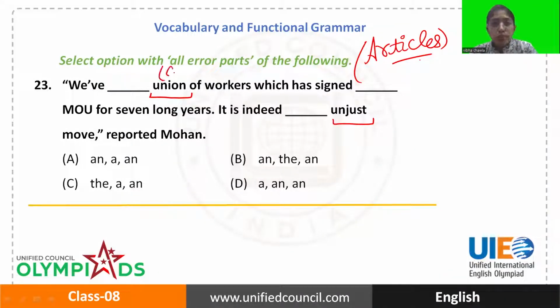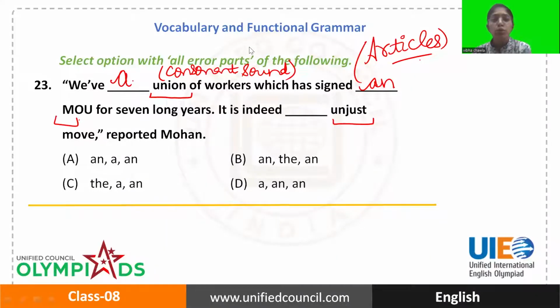Union, U, it's a consonant sound. Okay, consonant. We have a union of workers which has signed an MOU. Okay, but never go by the letter. I told you, the letter is M. You may end up making this mistake of writing article A here, but it's actually an because of the vowel sound.